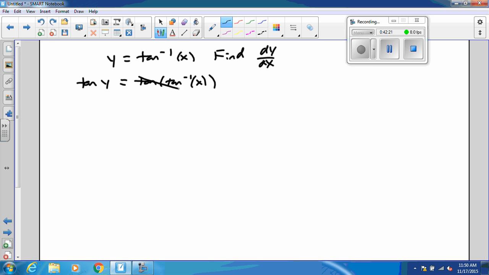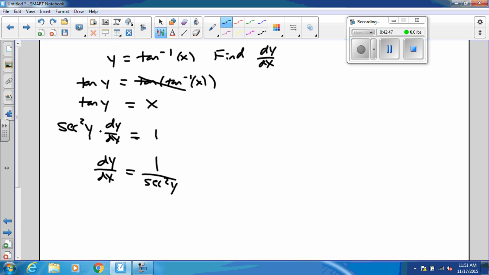I take the tangent of both sides to clobber my inverse function, and I get tan y is equal to x. I now take a derivative with respect to x on both sides. What is the derivative with respect to x of tan y? Secant squared, not x, but y, times dy dx. And that equals 1.